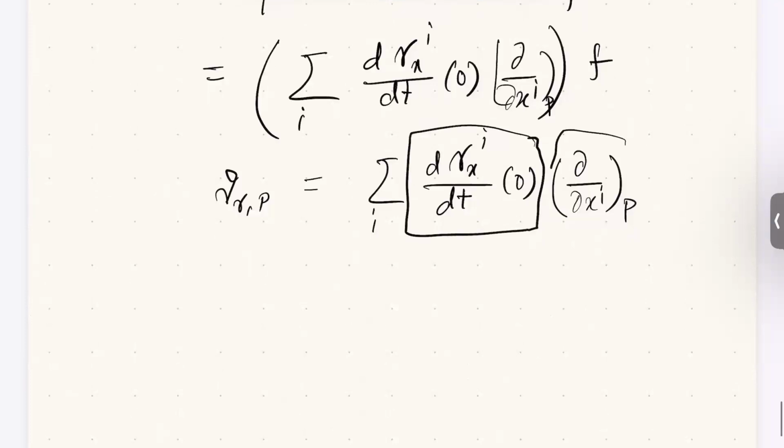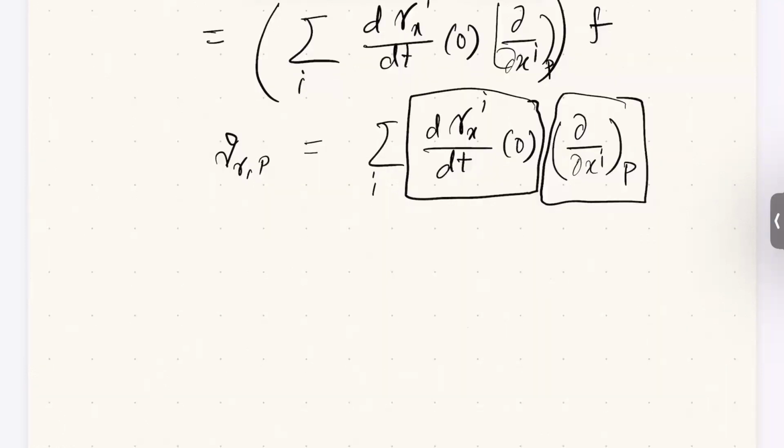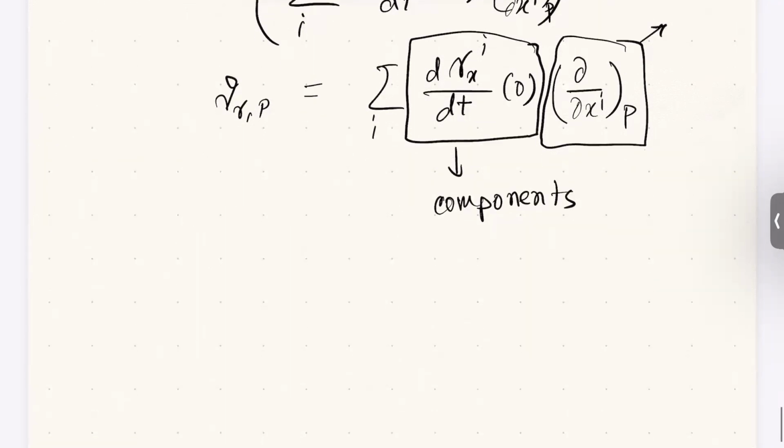And how many ∂/∂x^i are there? Yeah, the dimension of the manifold. That means I can consider these as the basis of T_pM, and these are just the components. But it is definitely chart induced.